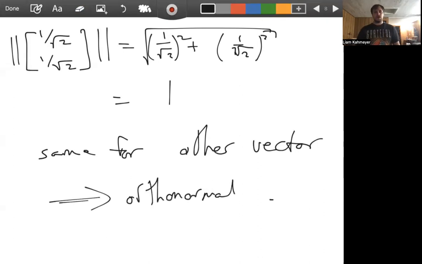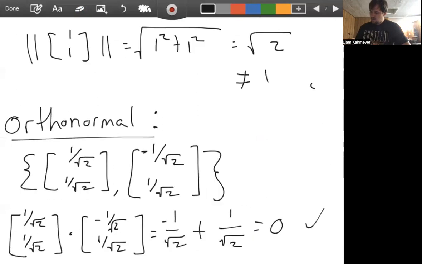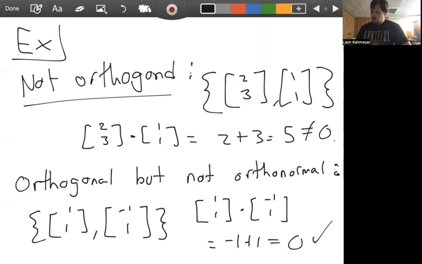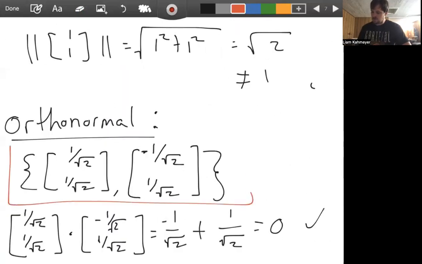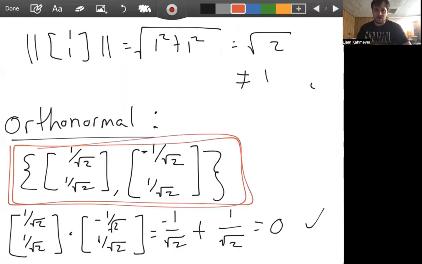Okay, and what you may have noticed, which is great if you did, and it's fine if you didn't, is I used the orthogonal set to construct an orthonormal set.